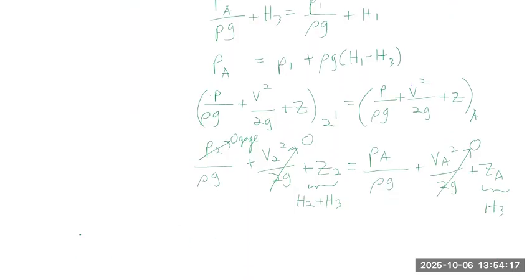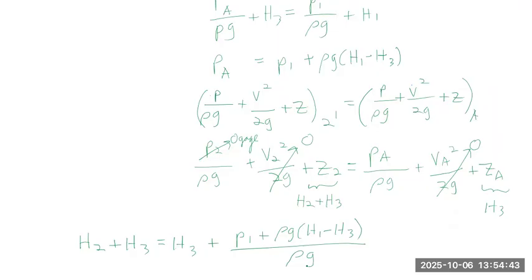So we have that H2 plus H3 is equal to H3 plus P1 plus rho G times H1 minus H3, over rho G. And we have to solve for H2 right now.